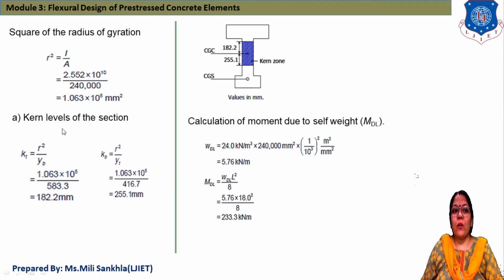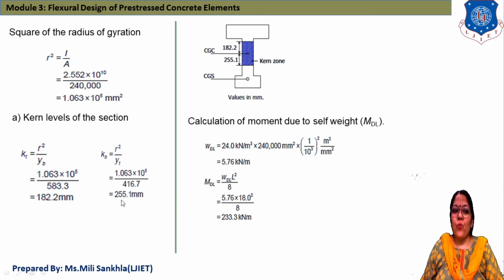Now we find the kern levels of the section, that means from the CGC level. What is the equation of the top kern level? kt is equal to r square by yb, and when we find kb, we follow yt. So kb is equal to r square by yt. Now r square is equal to 1.063 into 10 raised to 6, divided by our bottom fiber distance from CGC, that is 583.3, and here we replace yt, yt is equal to 416.7.